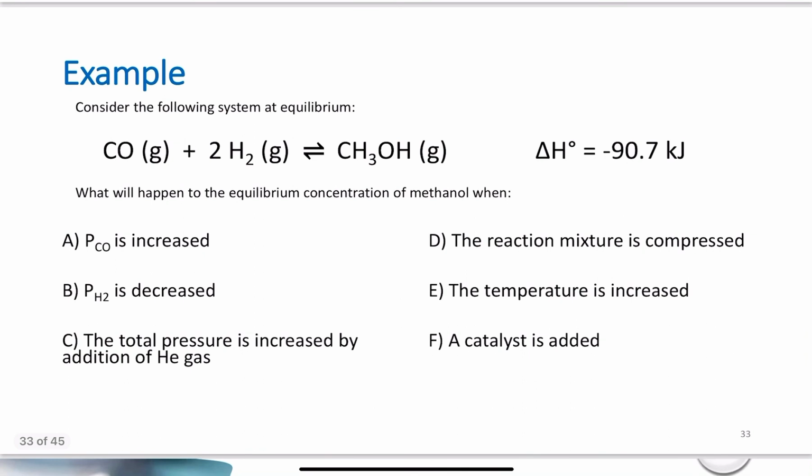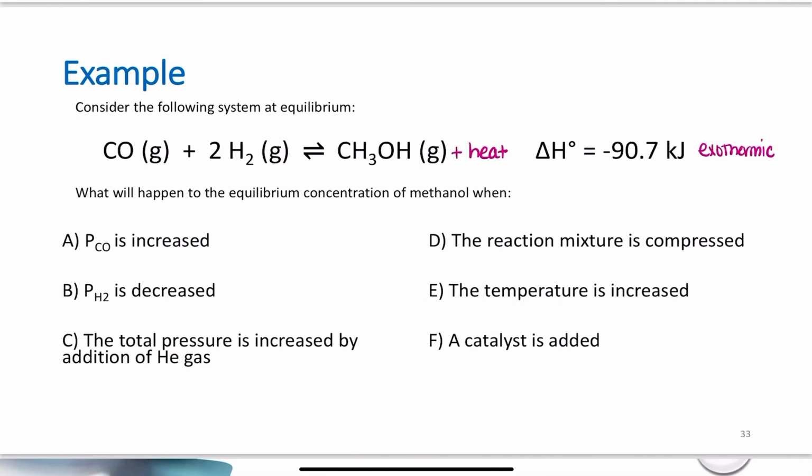And our last example, CO gas, so he's saying CO2. CO gas reacts with 2 moles of H2 gas to produce 1 mole of CH3OH. It tells me the delta H value here is negative 90.7 kilojoules, which is exothermic. Which means plus heat.